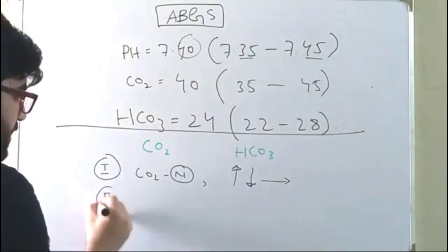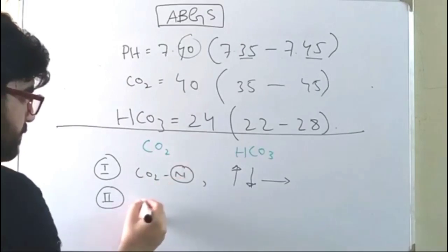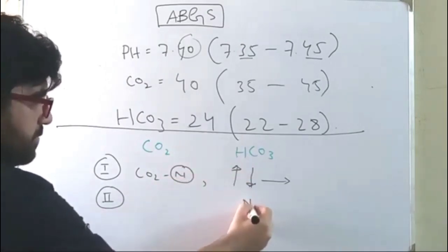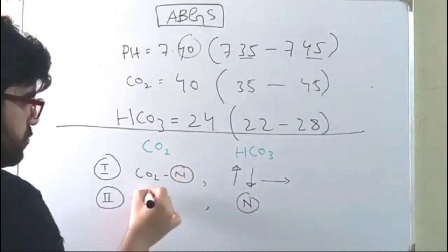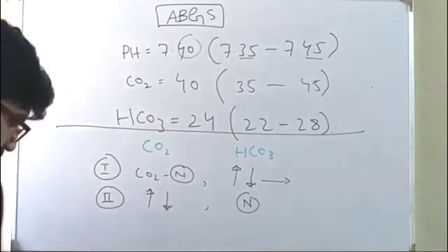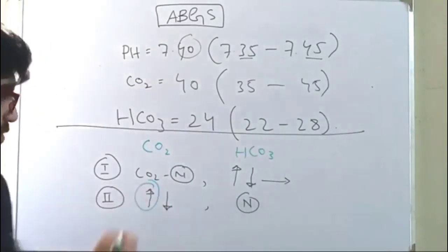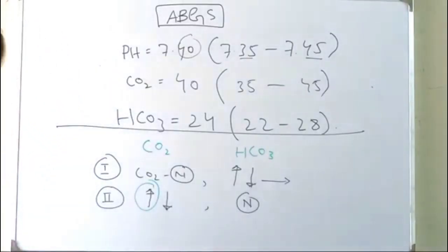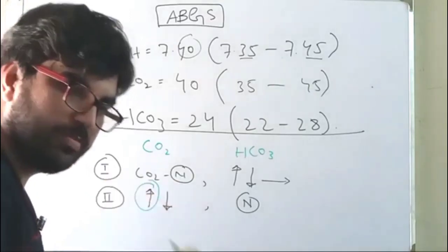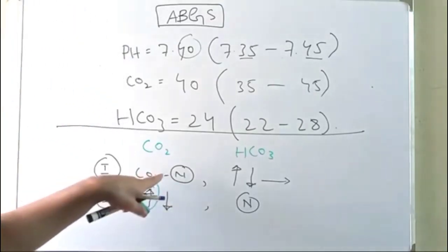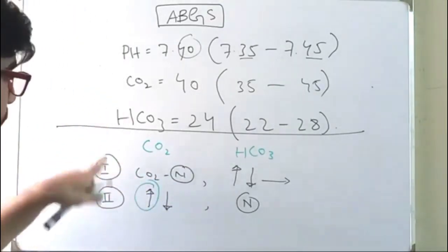Again, if bicarbonate is normal and the CO2 is moving up or down: if the CO2 is moving up, we know that CO2 is acid. If the acid is moving up, it means this is acidosis, and this is a respiratory component, so it is respiratory acidosis.